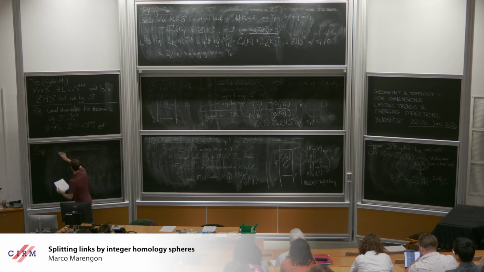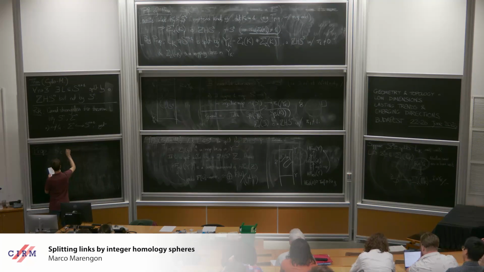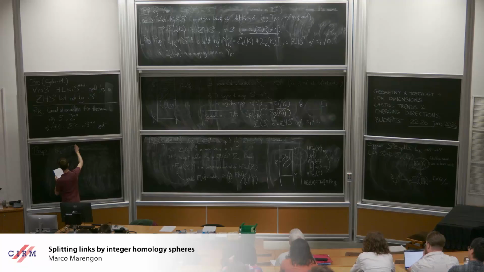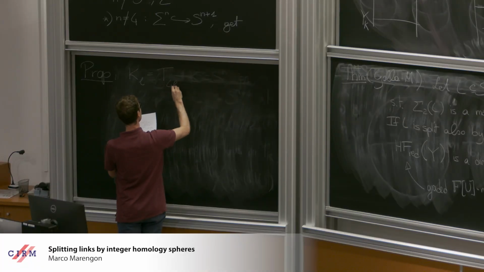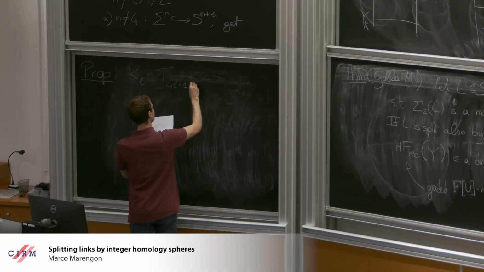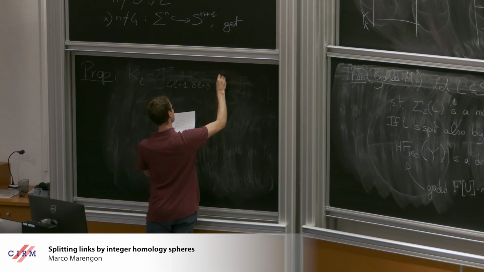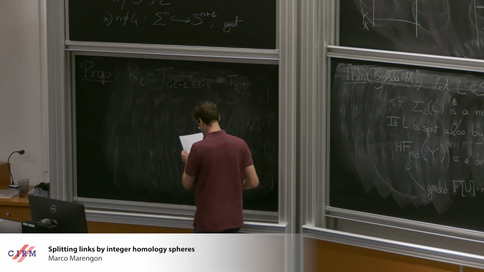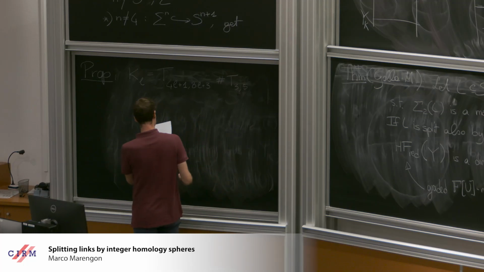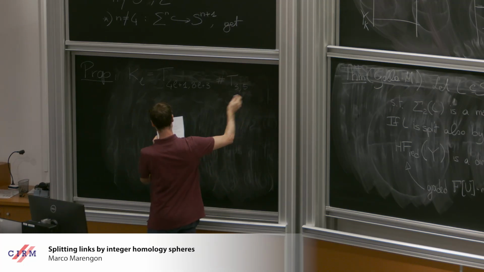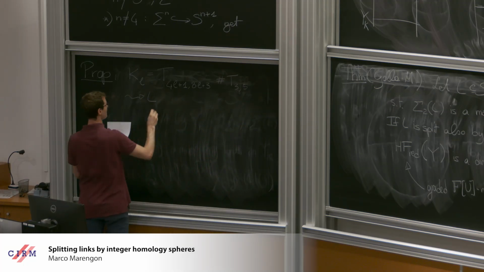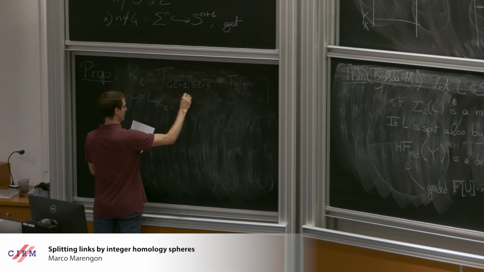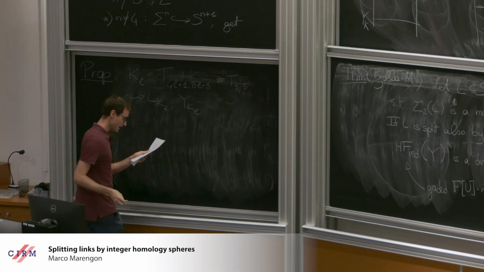So as an application of this fact, if you take K_L equal to the knot, the torus knot T(4L+1, 8L+3), connected sum with T(3,5), then you get some knots L_KL and Y_KL.